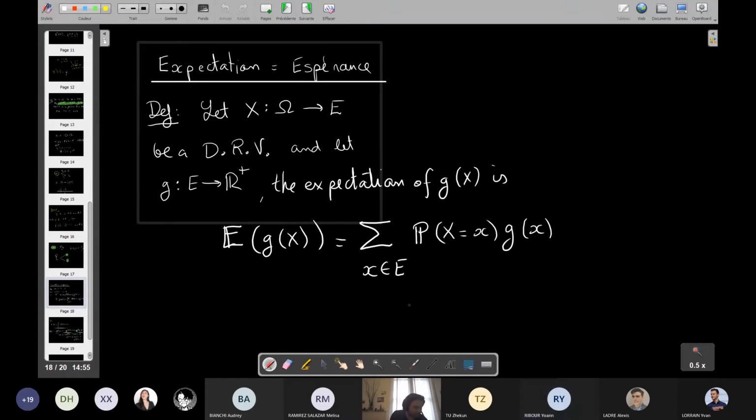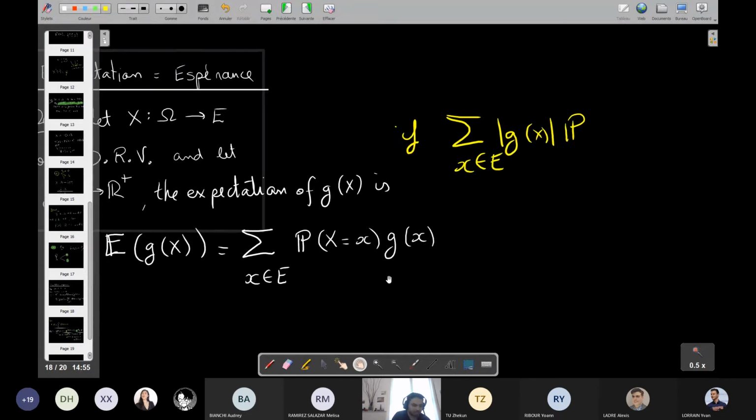This definition holds if we have a summability condition: the sum for x in E of the absolute value of g of x times the probability that X equals x is finite.